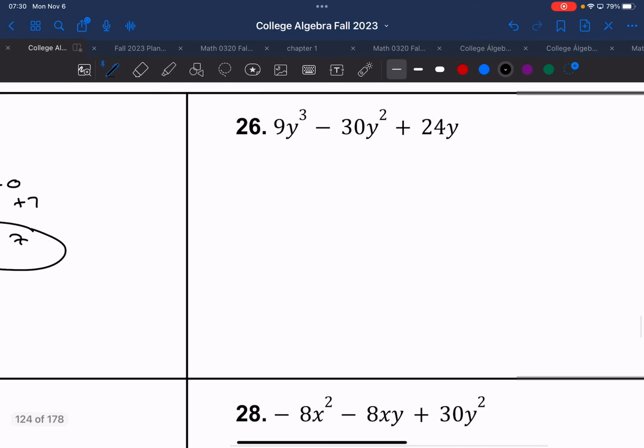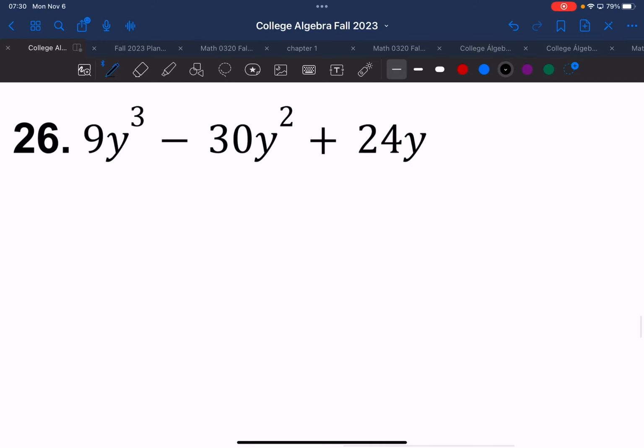And did we do this one next, that 9y cubed? Okay. So for this one, we got the factors of 3y minus 4, and y minus 2.